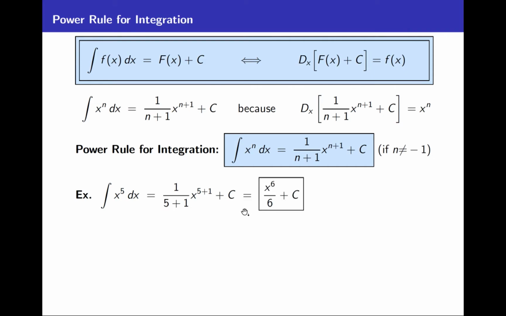And that works out to be x to the 6 over 6 plus c. And that's our answer. And you can check this by differentiating this answer, and you will get x to the 5th. So we got this integral by using our new rule, the power rule for integration.